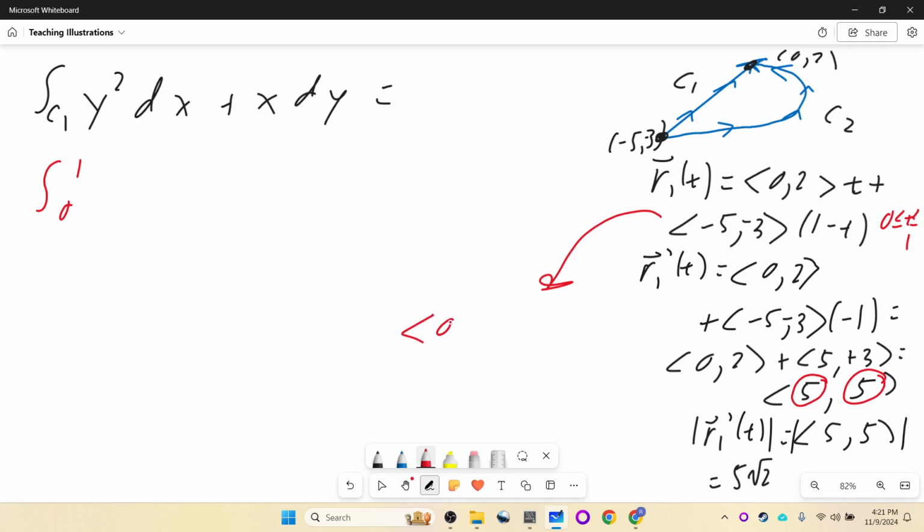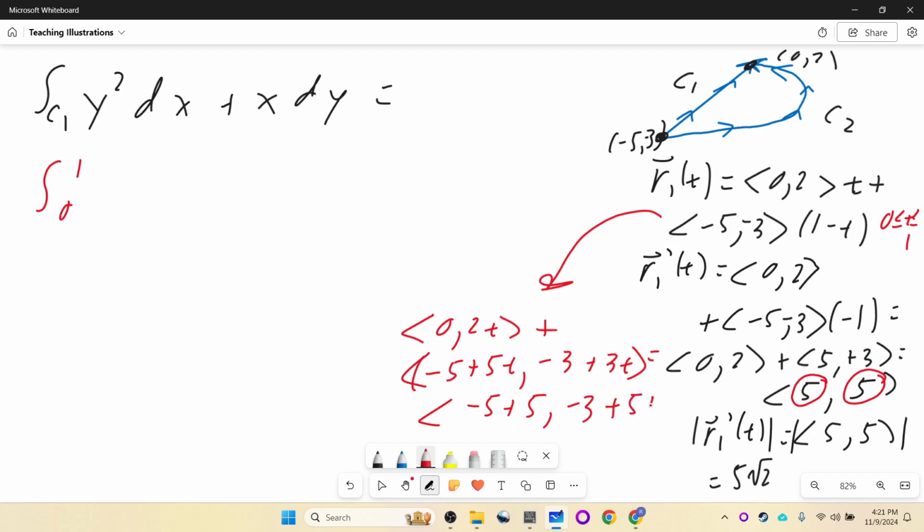All right, so 0 to t plus, let's see, negative 5 times 1 minus t would be negative 5 plus 5t. And then the other part would be negative 3 plus 3t, which comes out to negative 5 plus 5t, and then negative 3 plus 5t.